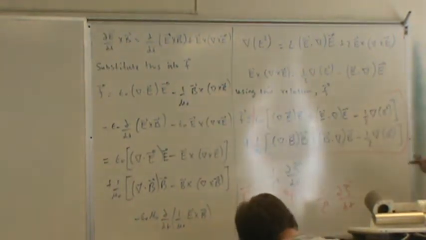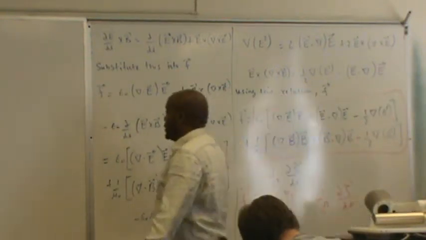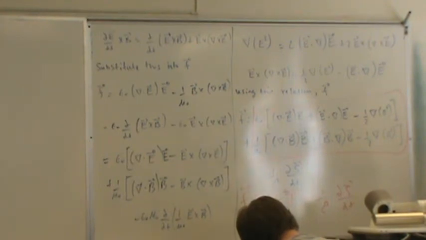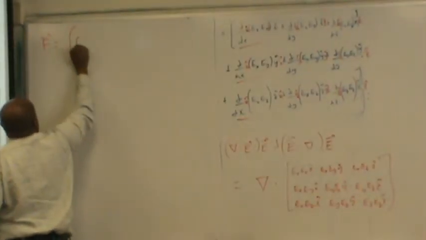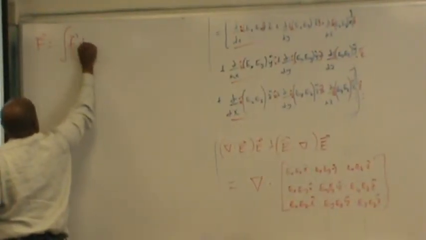So now to find the force over the volume of the charge, then what do you do? Just give me a few minutes to finish this. What do you do? Yes, you integrate it over the volume, and you can find the force F. That is going to be the integral of f d tau.